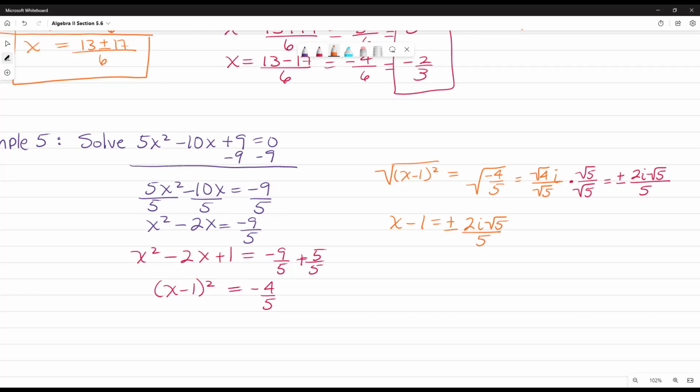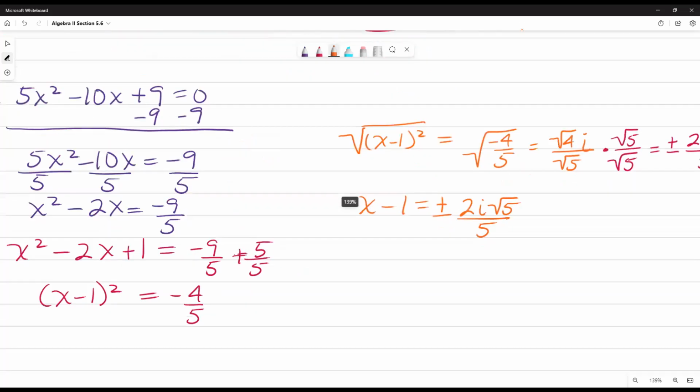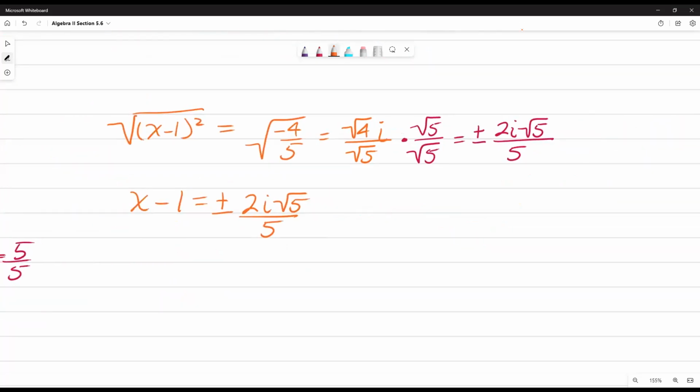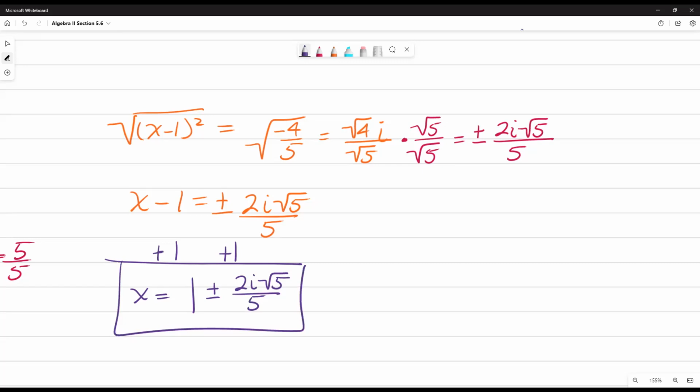And last step. Add 1 to both sides. So x equals 1 plus or minus 2i square root of 5 over 5. And that is it. Don't do anything else.